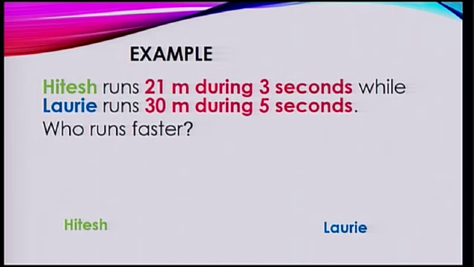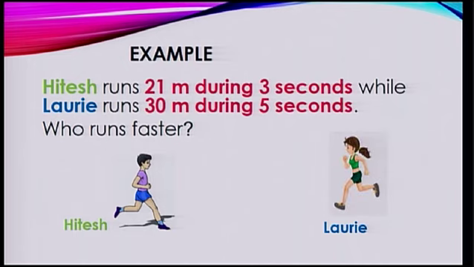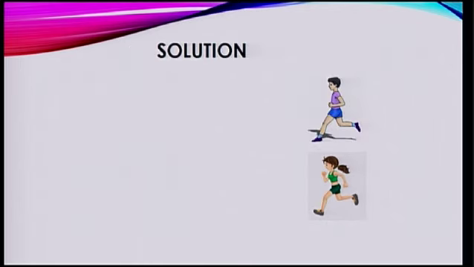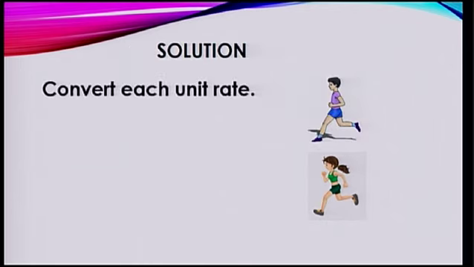Hitesh runs 21 meters during 3 seconds, while Laurie runs 30 meters during 5 seconds. The question is, who runs faster? So you've got Hitesh, 21 meters during 3 seconds, Laurie 30 meters during 5 seconds. How will you tackle this type of question? Well, the first thing is to convert each to a unit rate.